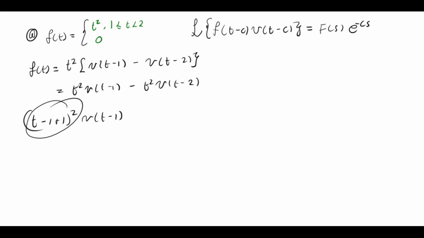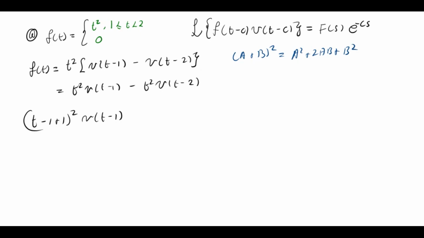For this part here, you really need to be careful. What you have here is more like (a plus b) squared, because you're going to treat this as your a and this as your b. If you expand this, it's going to be a squared plus 2ab plus b squared.